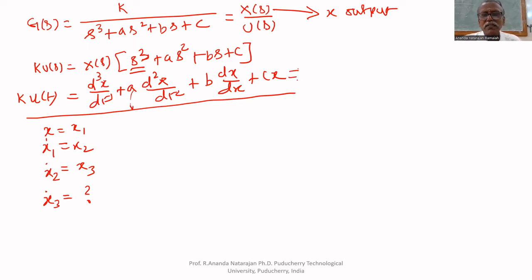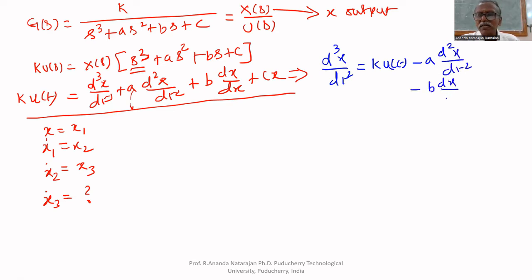Here, this can be written by keeping d cube x by dt cube on one side and all other variables on the other side. What will you get? D cube x by dt cube equal to k u of t minus a d square x by dt square minus b dx by dt plus cx.